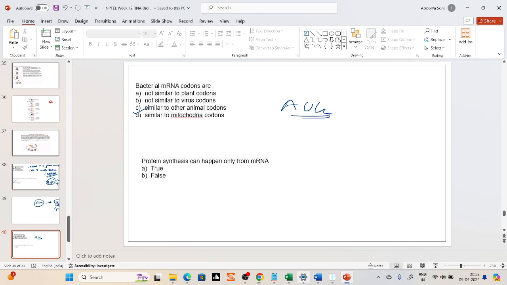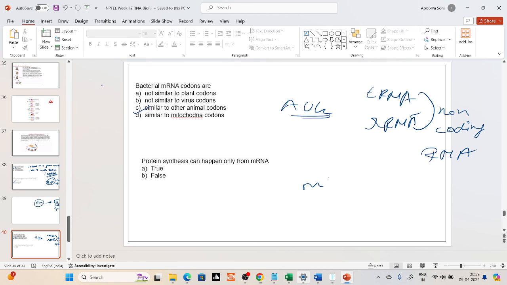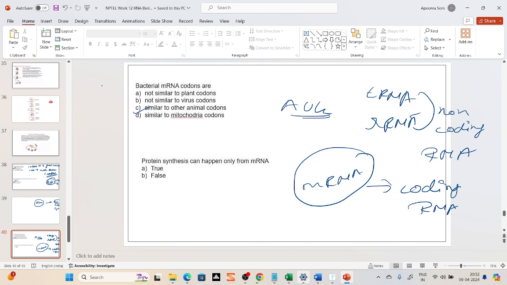But there is a reason why tRNA and rRNA are known as non-coding RNA, whereas mRNA is known as coding RNA. Because mRNA can code for proteins and tRNA and rRNA cannot. That means the basic prerequisite for protein synthesis is that you should have the codes that will specify which amino acid has to be added.